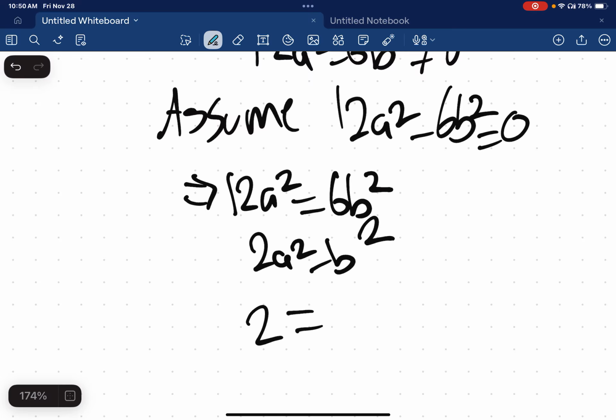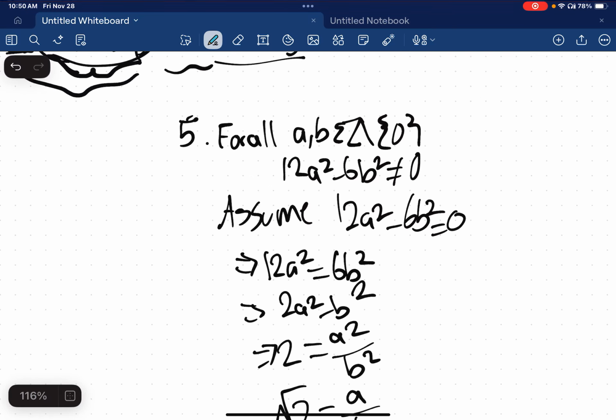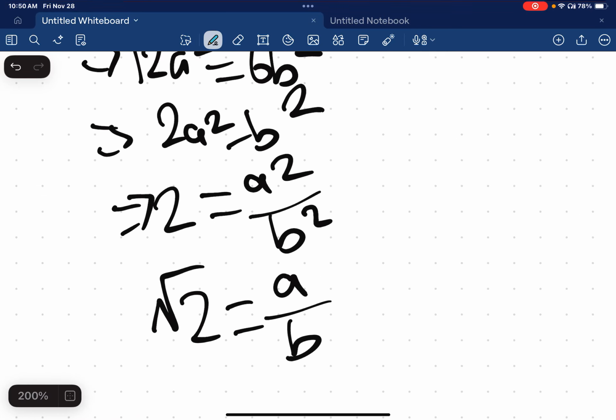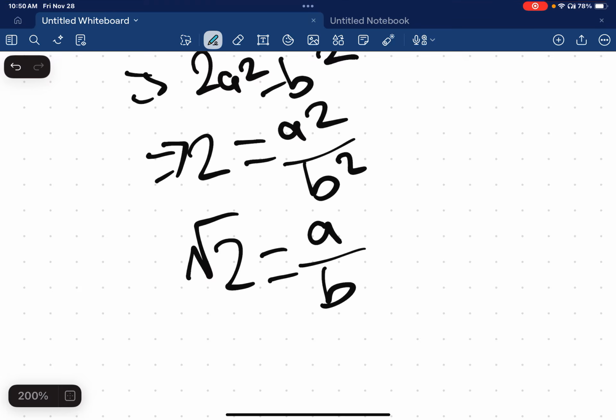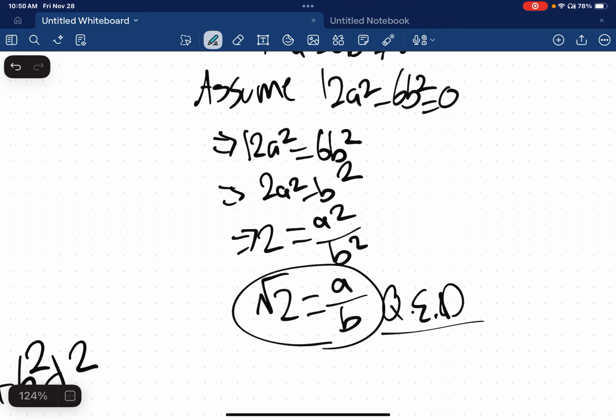This means that 2 is equal to a squared divided by b squared. This means that the square root of 2 is going to be equal to a over b. And whoa, remember what we said earlier. Any rational number can be written as a divided by b. But the square root of 2 is irrational, as we already proved. So this is our proof right here, and that contradicts. Just simple, basic math. That's the answer.